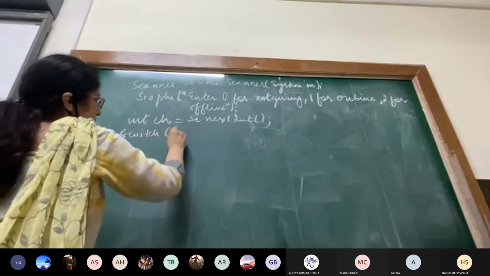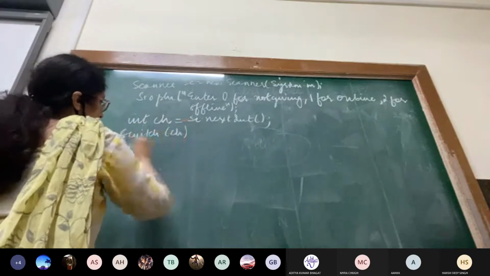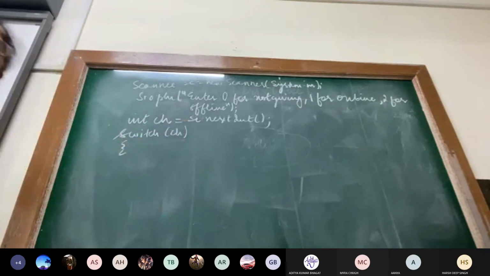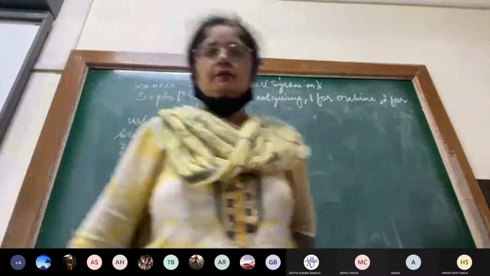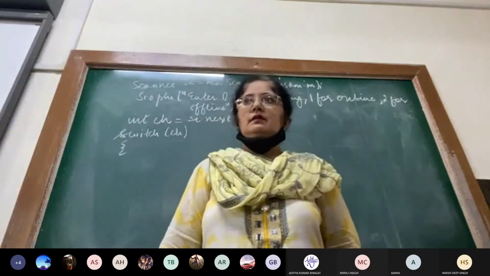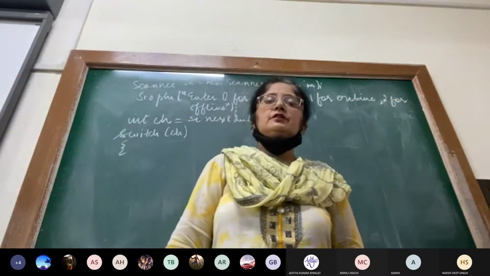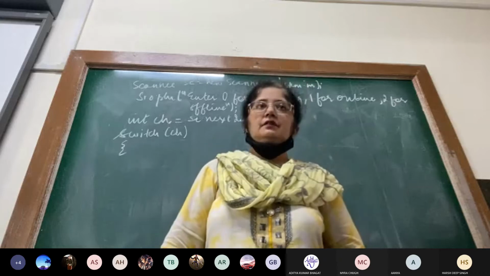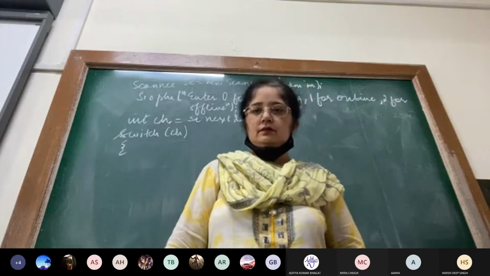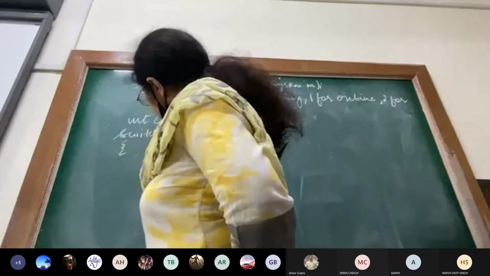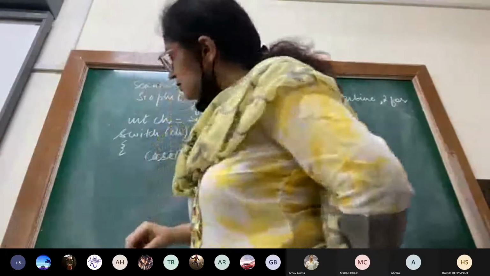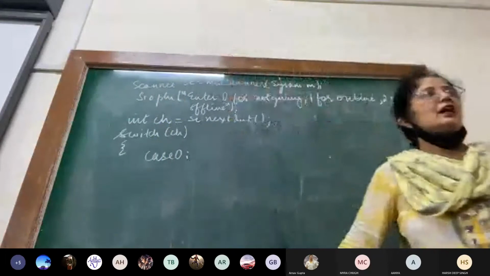Then what should I write down? Arnav, yes, Arnav. Case 0 then statements. Yes. 0. Now what will I do?